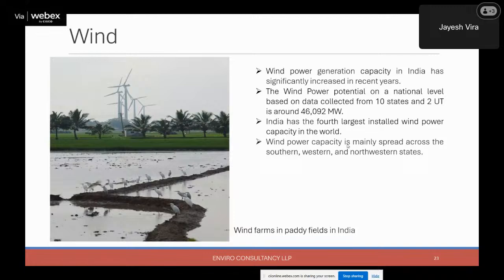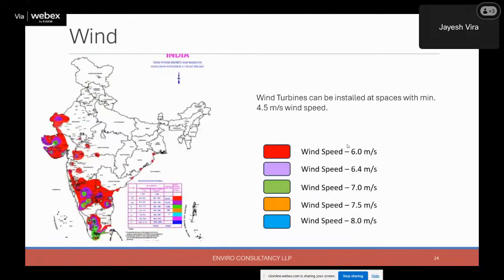So wind power is mainly in the western or southern areas, Tamil Nadu being the largest producer of electricity through wind. You can see in this graph or image that most of the available wind speeds are in these three regions only, the southern being more prominent as well as the western parts of Gujarat.